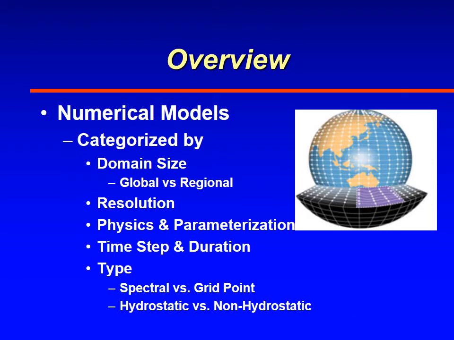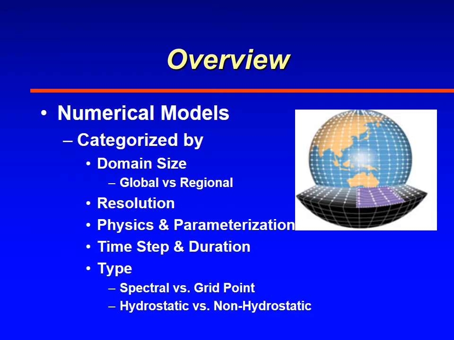The physics deals with how different physics or different types of phenomena are handled in the models. When does it rain? When are clouds formed? How does radiation affect the model? And then time stepping means how often does a forecast get made? Are you looking at a forecast every hour, every 3 hours, every 6 hours into the future?